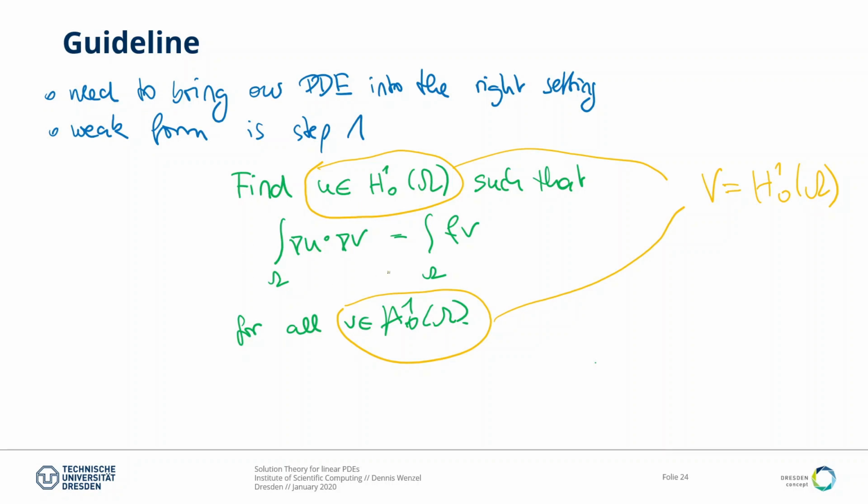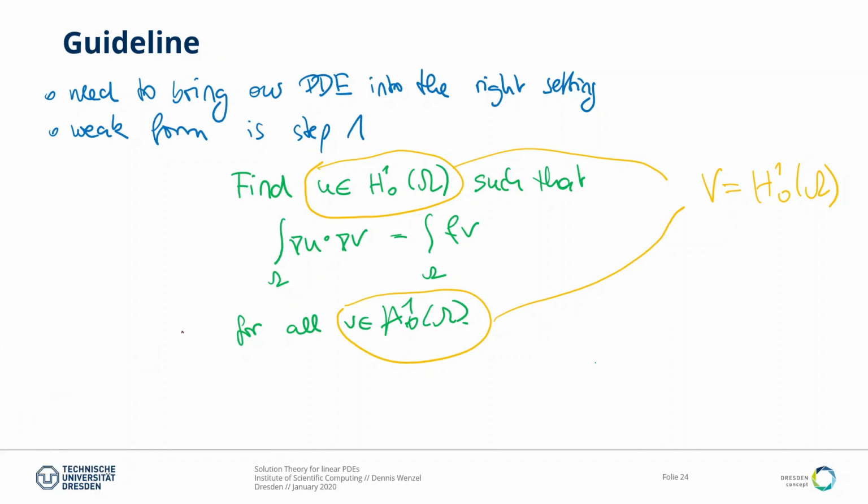Then in this problem here, on the left-hand side, we have an integral over gradient of u times gradient of v. This is a bilinear form that can easily be checked because the gradient and the integral are both linear operators. So this is linear in both u and v.